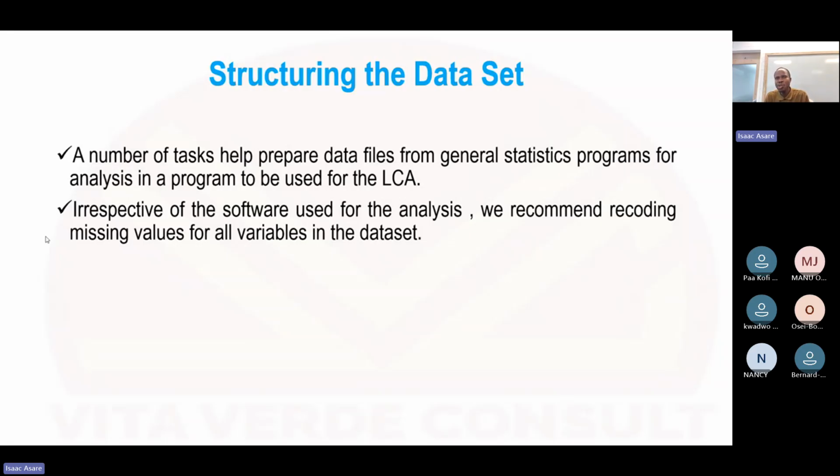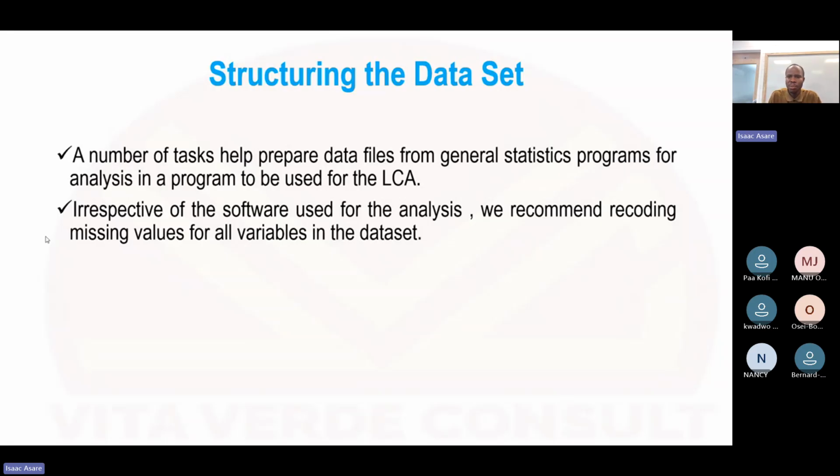If you have a lot of missing observations in your data set, the best approach is to look for such techniques that can help you impute the missing observations.